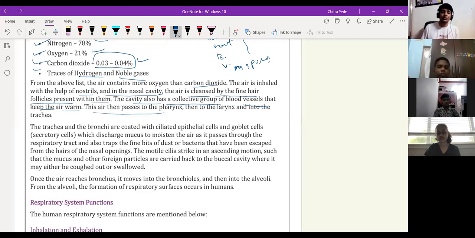This air then passes through the pharynx, larynx, trachea, bronchi, bronchioles, and then the alveolar sac. In the alveolar sac, carbon dioxide is released and oxygen is absorbed. So here we have completed our first session.